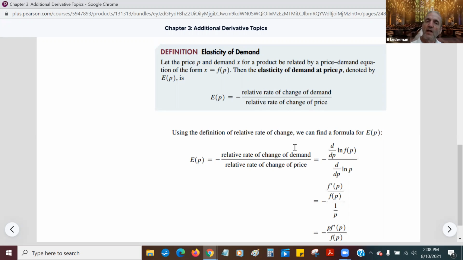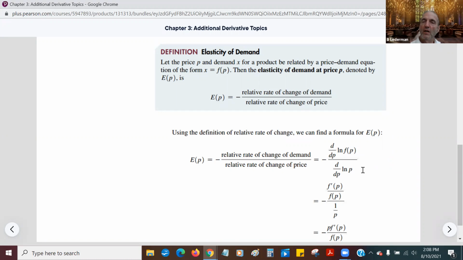And so to get the relative rate of change of demand, we take the derivative with respect to P of the ln of f of P. To find the relative rate of change of price, we just take the derivative with respect to P of ln P. And that's how you crunch it out.